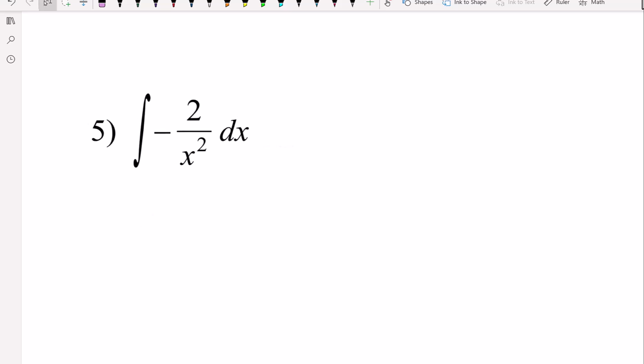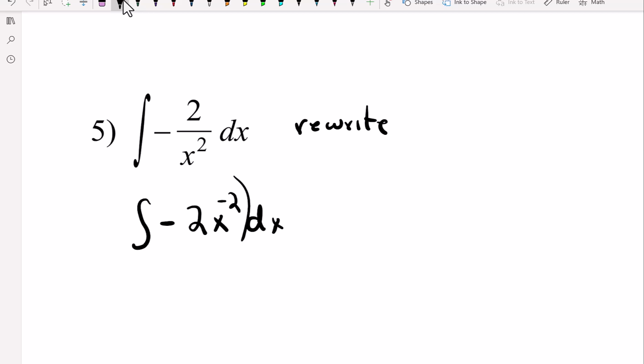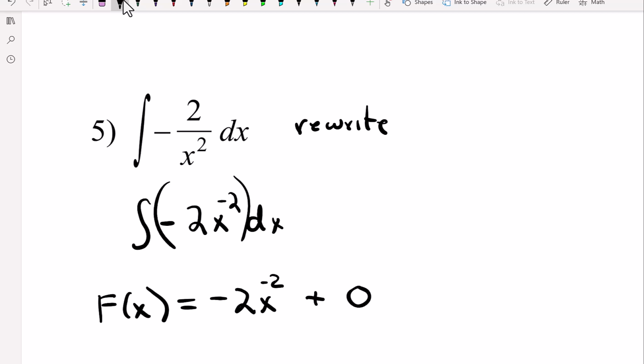Okay, so when you've got something that looks like this, the first thing you're going to do is rewrite. So we're going to write that as -2x to the -2, and it really should look more like that. All right, now, -2x to the -2nd plus 0.